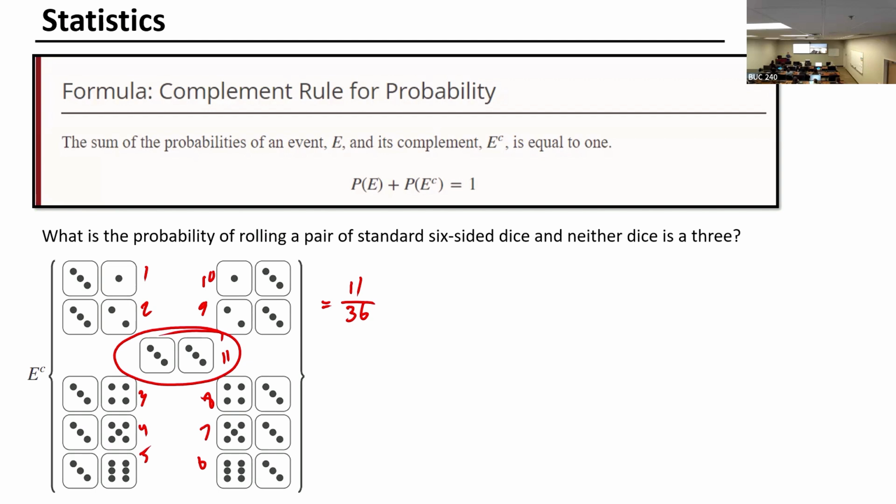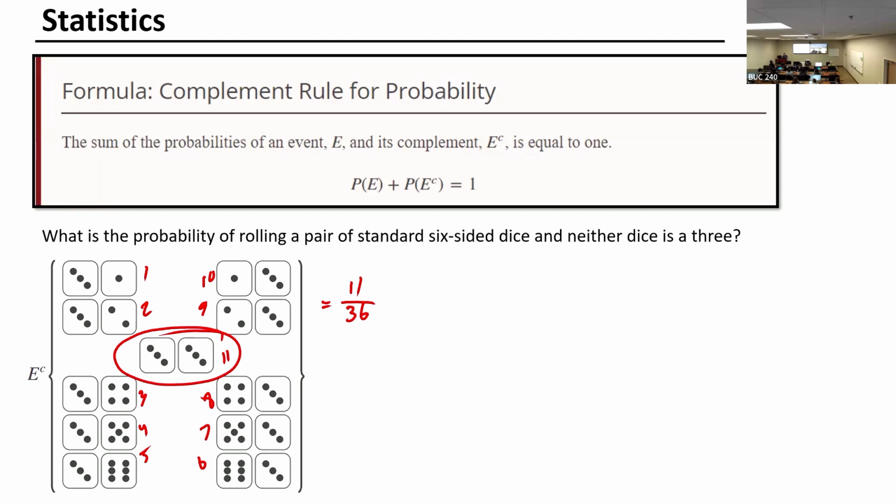Is that what the question wants? No, it's saying, how many ways is there not to get a 3? Well, remember, all these have to add up to what? Yes, you're right, 36, but to 1. When you take the original probability and its complement and add them together, they have to get to 1.